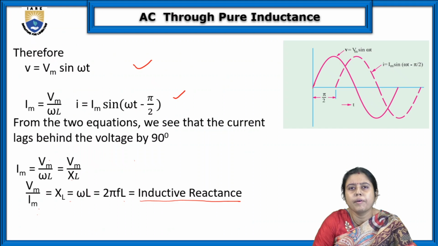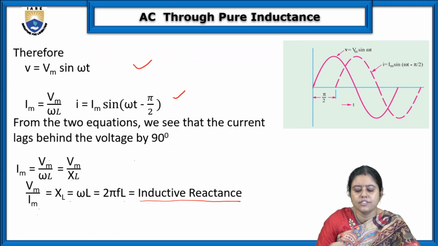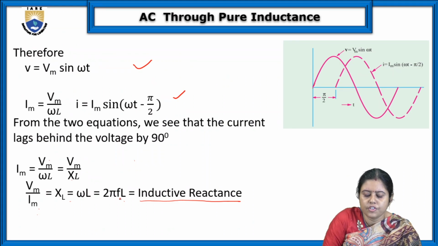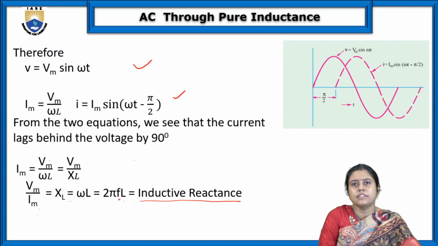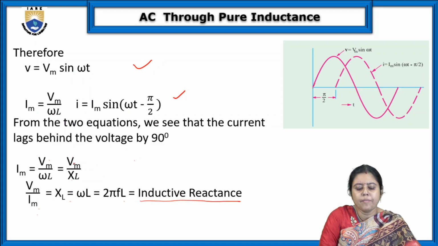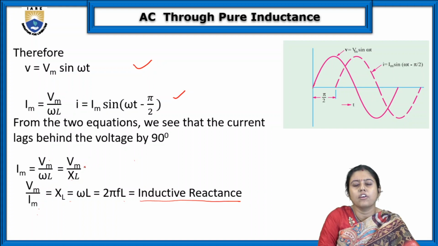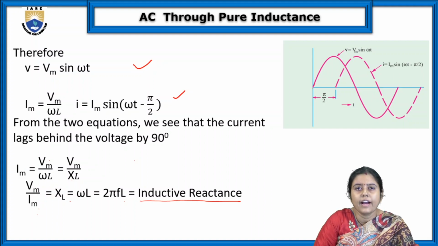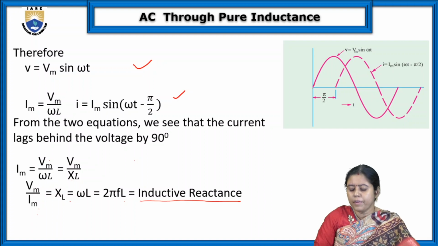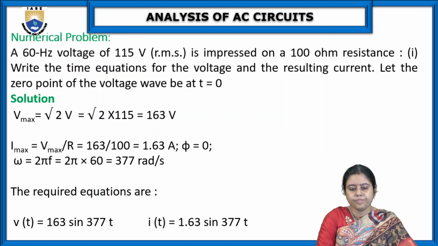So you have to remember, when frequency is 0 for the DC circuit, XL is equal to 0, and Vm by XL, Vm by 0, becomes infinity. So in the short circuit condition, or if we connect with the DC, the current will be excessively high.